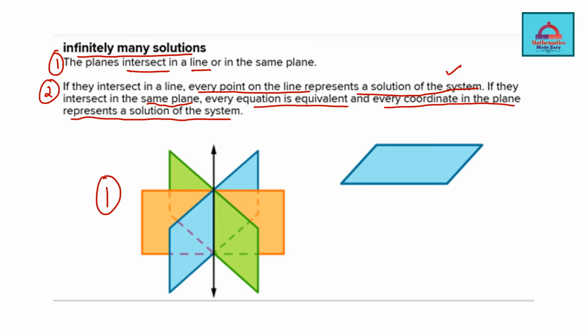In that case, all the points lying in one plane will satisfy the next plane and the third plane. These are actually 3 planes, but because they are equivalent equations, these are 3 coincident planes. Again, they will have infinitely many solutions, as all the points which lie on one plane will be solutions of the second and third. All 3 planes are equal and every equation is equivalent in this case.